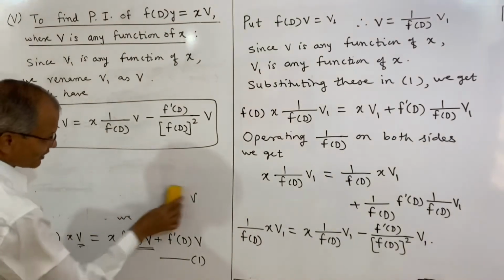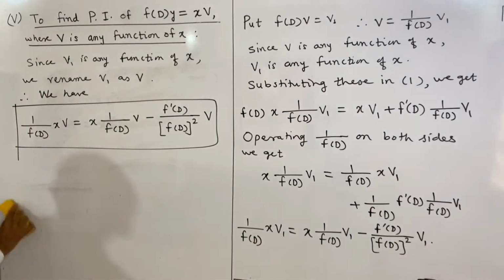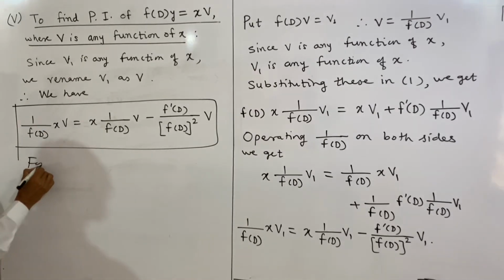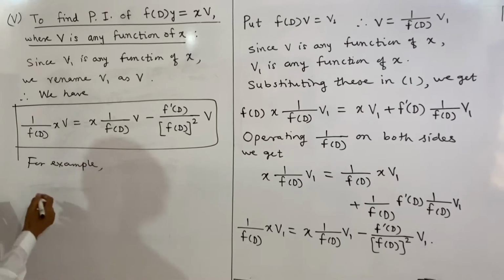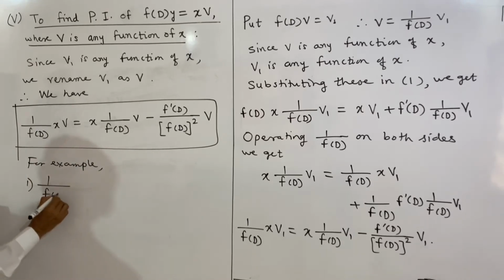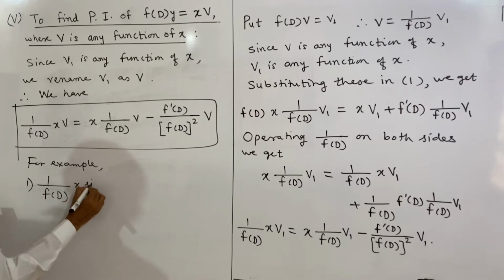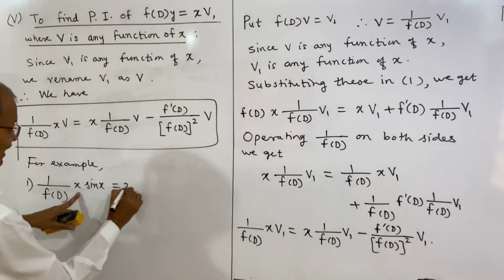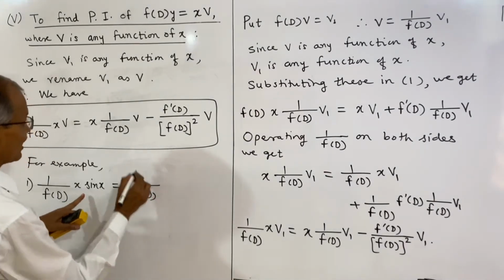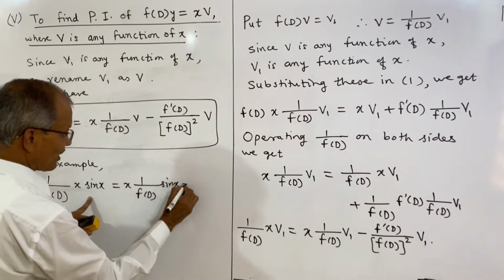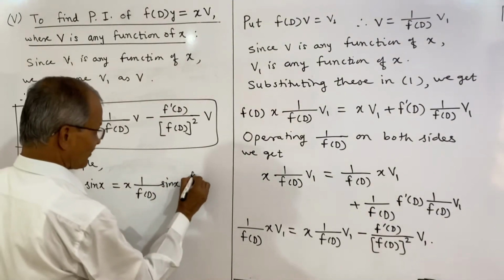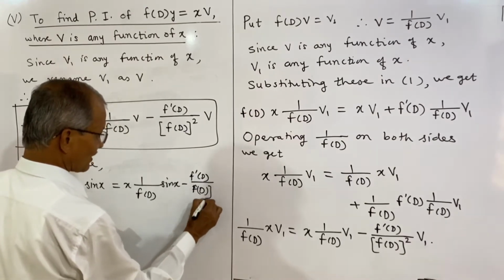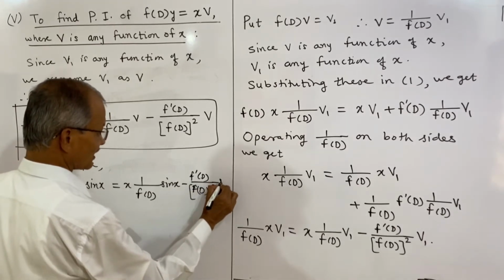Now we have to remember the formula, where v is any function of x. For example, here is how to use the formula. This is 1 upon f of d x into, say, sine x, that is v is sine x, and therefore it will be first x 1 upon f of d operated on sine x, minus f dash of d divided by f of d whole square operated on sine x.